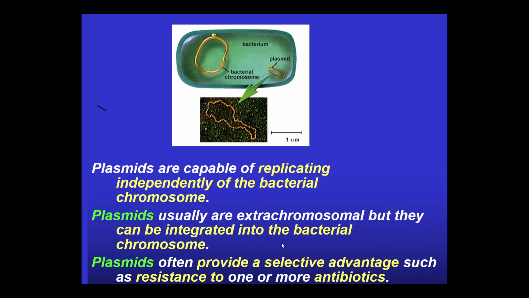Why? For example, Staphylococcus with a plasmid may develop resistance against antibiotics, so it may survive in the body, whereas Staphylococcus without this plasmid will die. That is what selective advantage means.